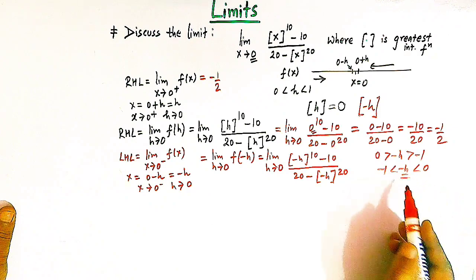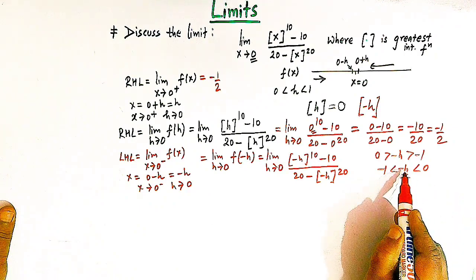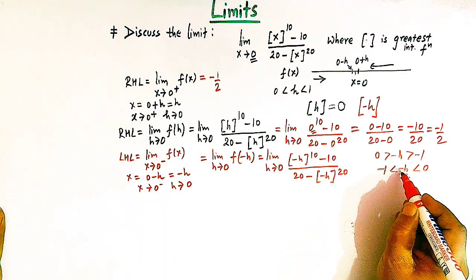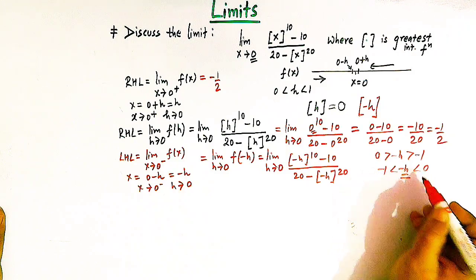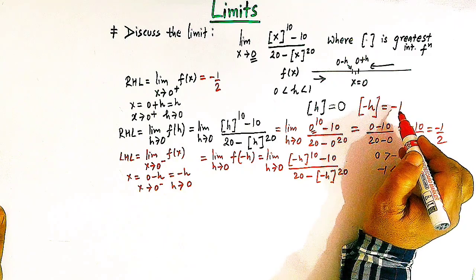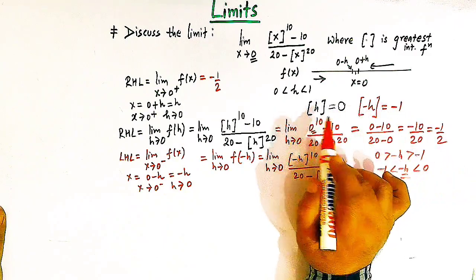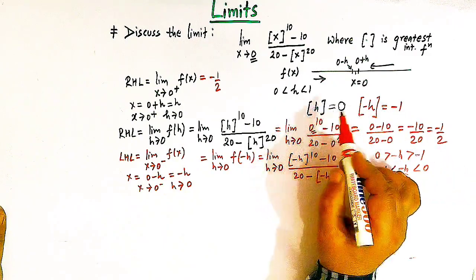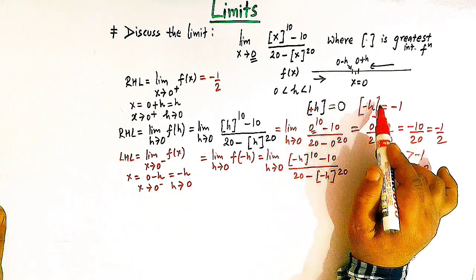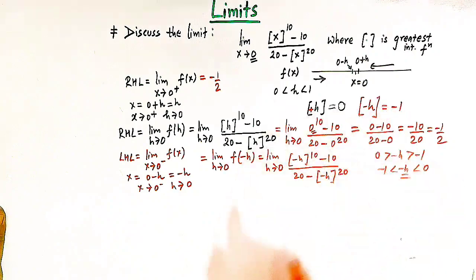So this indicates that minus h lies between minus 1 and 0. So when minus h lies between minus 1 and 0, then the greatest integer of minus h should be equal to minus 1, right? So we should remember that greatest integer of h, that is positive h, is always 0, and greatest integer of negative h is equal to minus 1.